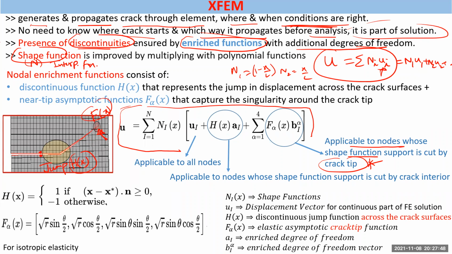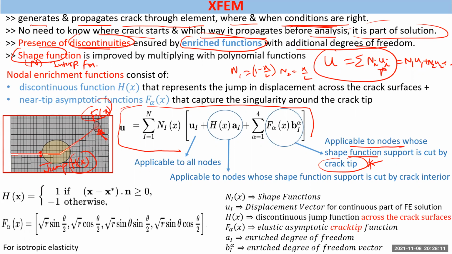The ai and bi are coming from your phantom nodes, which, phantom means imaginary, right? So you have extra nodes coming in. Those extra nodes are helping in explaining the discontinuity or the jump between the displacement from one side of the crack to the other side of the crack, and also the singularity at the crack tip is captured by this.